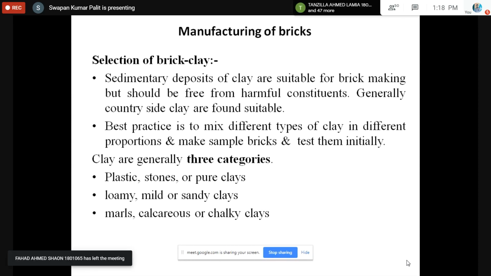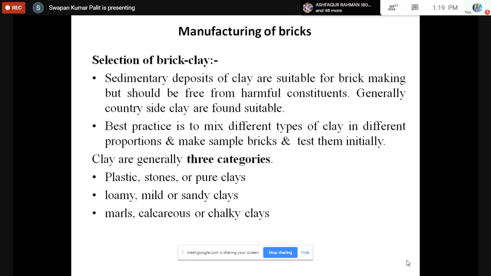Selection, brick clay selection. It is general practice. If you go for brick manufacture or a brick field, first of all, you have to take some sample, some material, and prepare some sample bricks from different portions and test them initially.